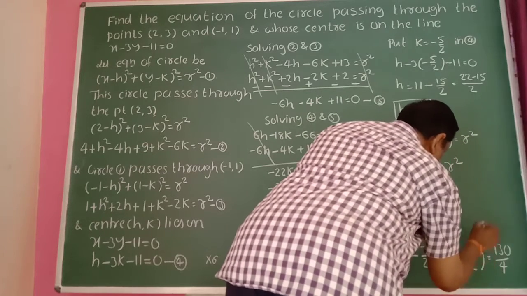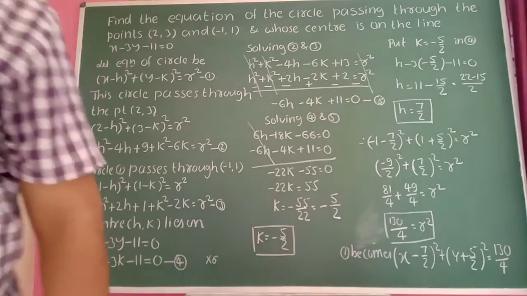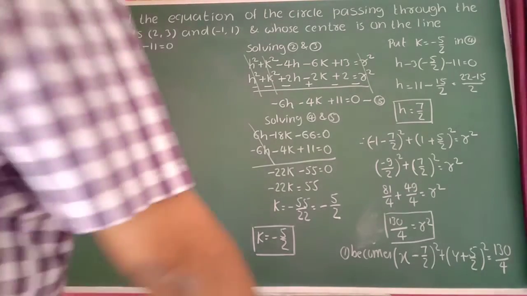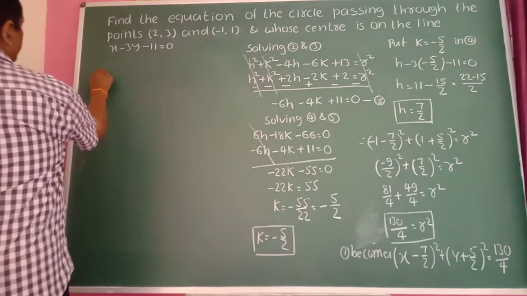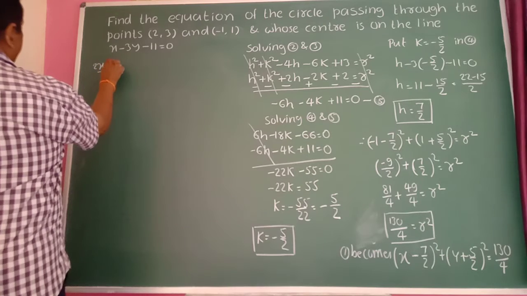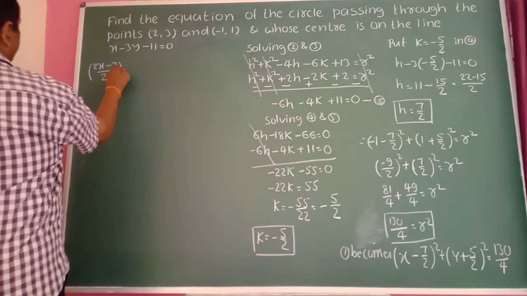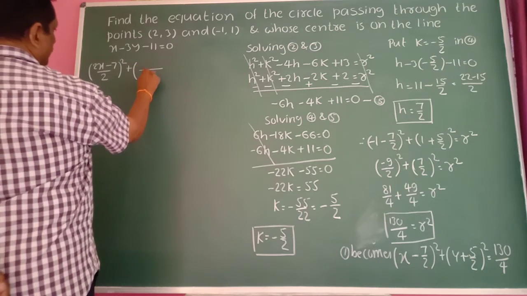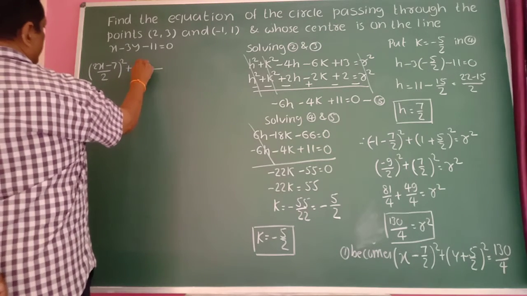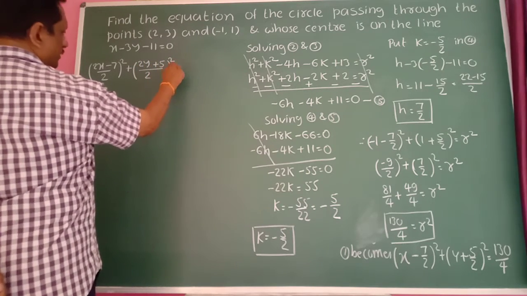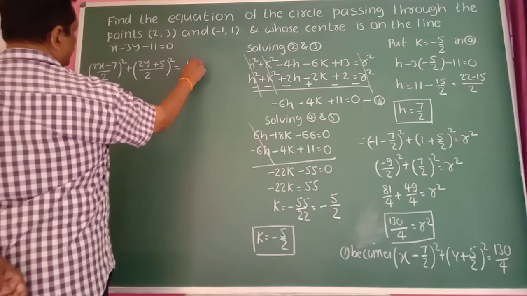Here the LCM is 2, so 2x minus 7 whole squared, plus 2y plus 5 whole squared, is equal to 130 divided by 4.